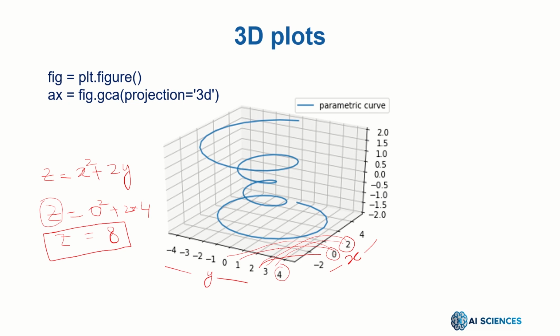For each ordered pair of x and y, the value of z is basically the height above this plane of x, y. So consider this is x and y, that is a plane, and the height at a particular location is the value of the function, the value of z at this particular pair of x and y.